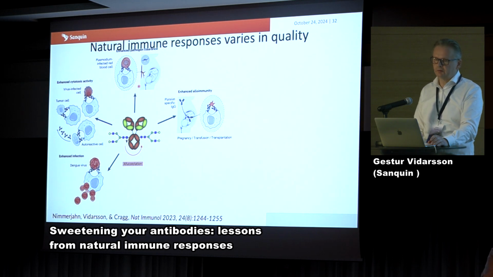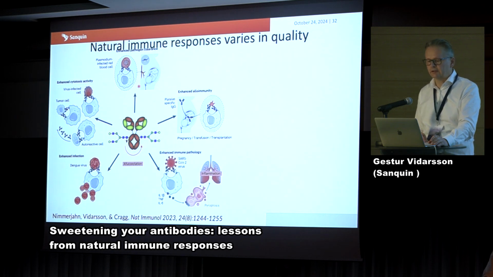But it can also turn against us, because as we've seen in dengue, Jeffrey Ravetch and others have shown that in dengue, afucosylated responses are associated with pathogenicity. In early COVID-19, it also seemed to do that, although in the longer term it may also be associated with positive protective traits.